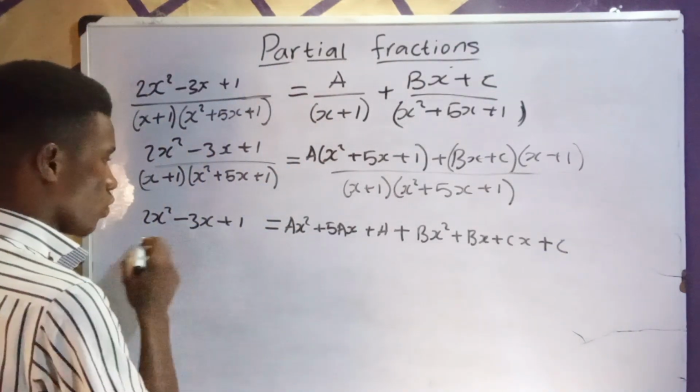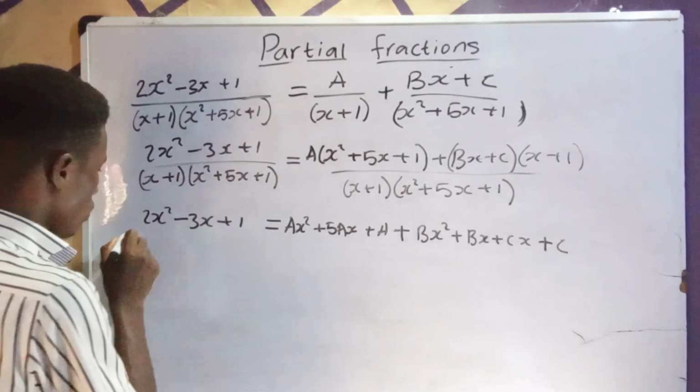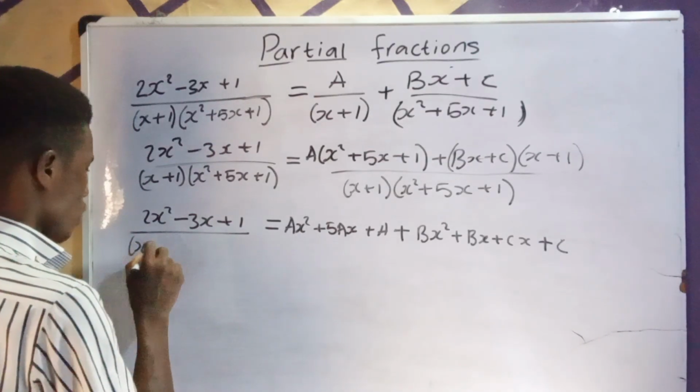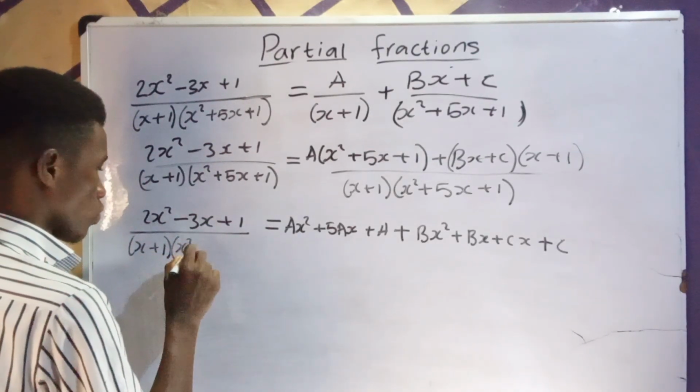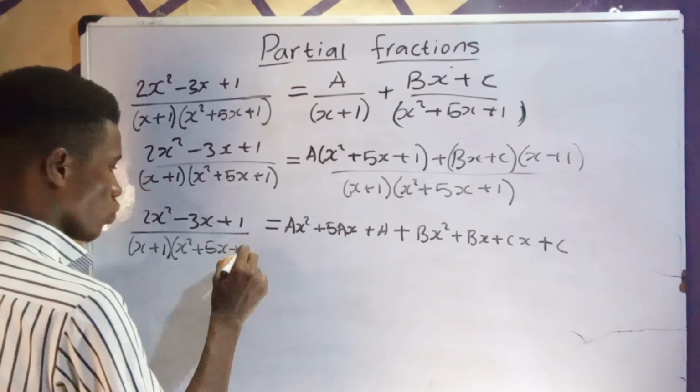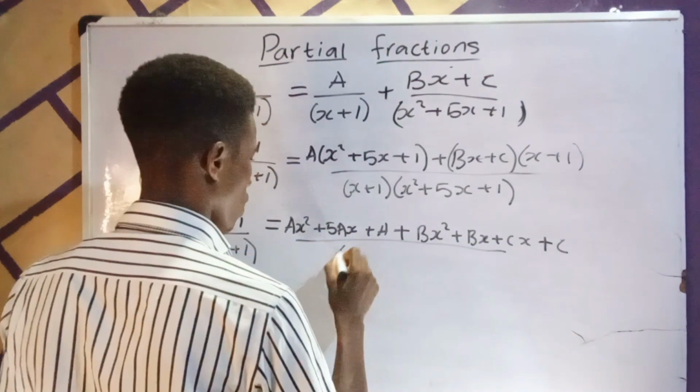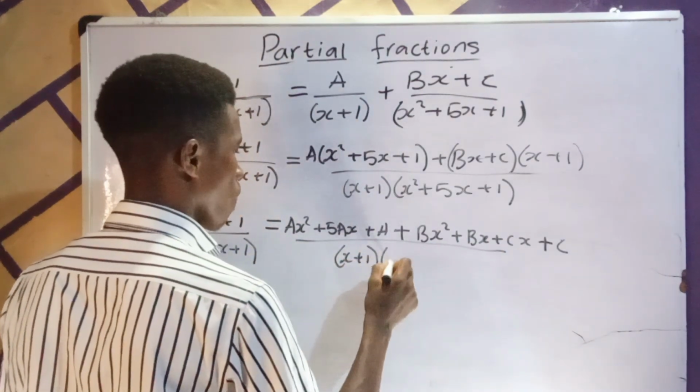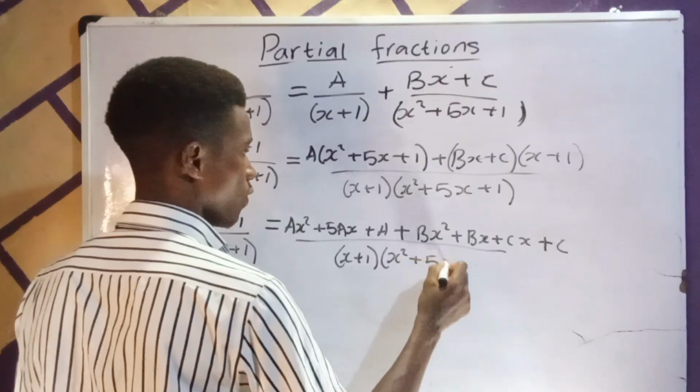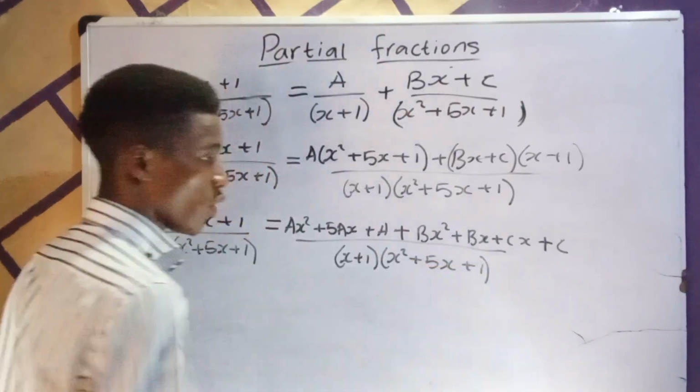So this is over the denominator. You can choose to write it again. Okay, let's just say (x plus 1)(x squared plus 5x plus 1) over (x plus 1)(x squared plus 5x plus 1). Now we have gotten to this point.